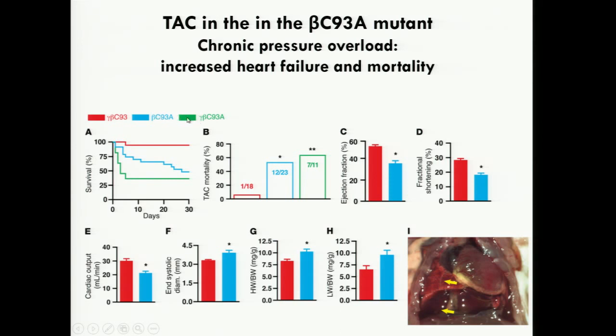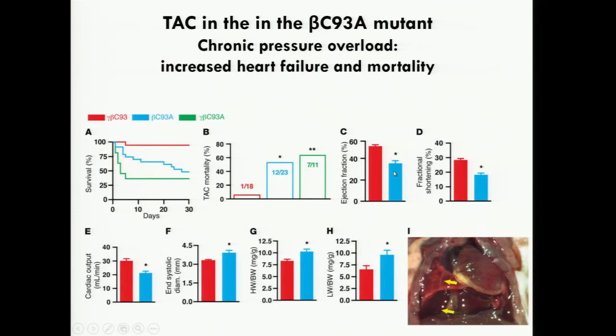So both the green and blue are mutant animals, mutant hemoglobin. Survival over time was pretty good in the wild type animals, but in the mutant animals there was significant mortality over time, as shown in this Kaplan-Meier analysis.